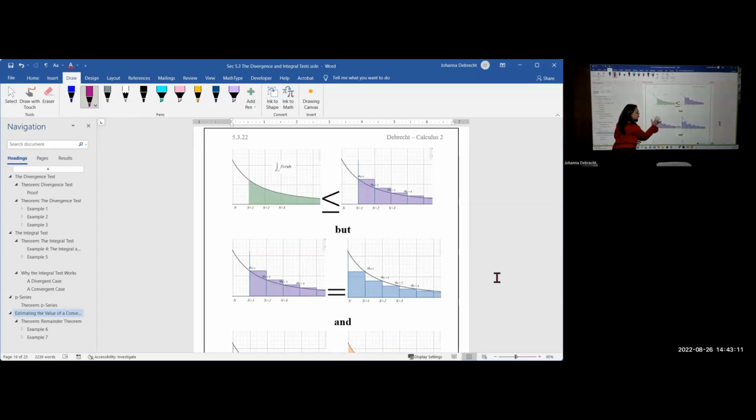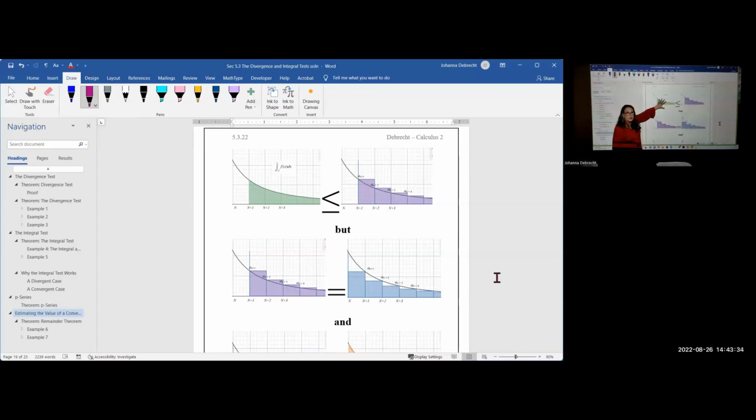Again, this is R sub n. This is the error, the terms we didn't include in the approximation, which is equal to, of course, the right Riemann sum starting at uppercase n. This one starts at n plus 1, this starts at n, but they're using the same points in order to estimate. So they're equal to each other.